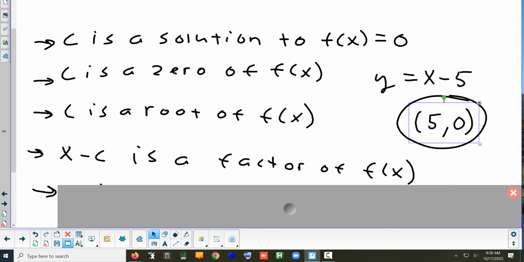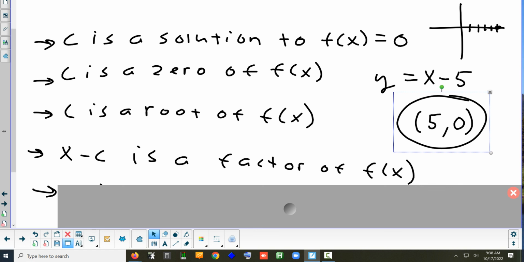But if you graph this point, 5, 0, that's something special about this line. It's where the line does what? It crosses the x-axis. It is the x-intercept.